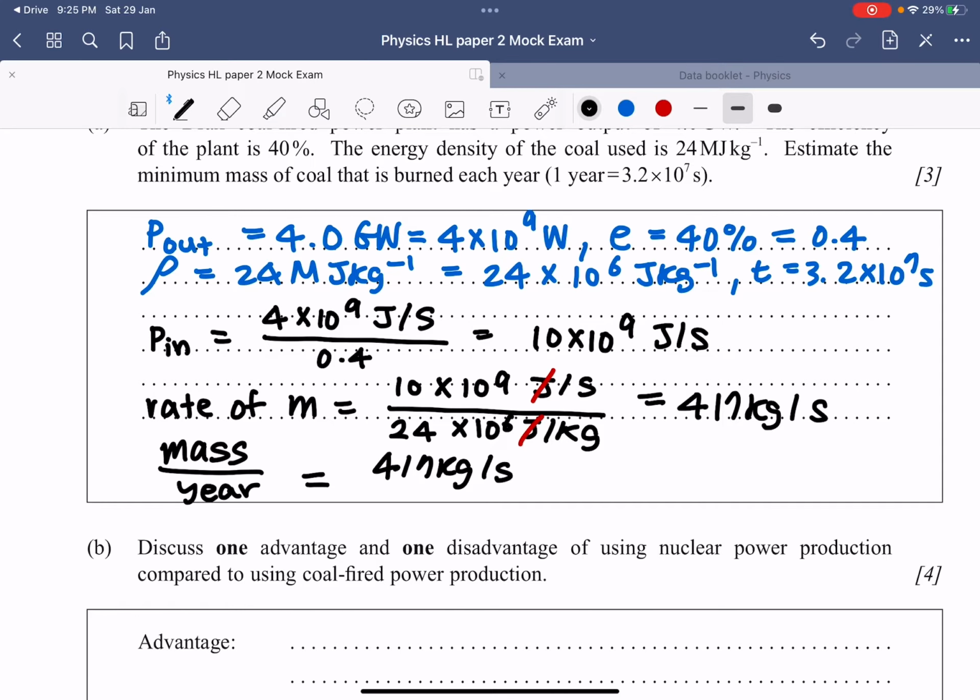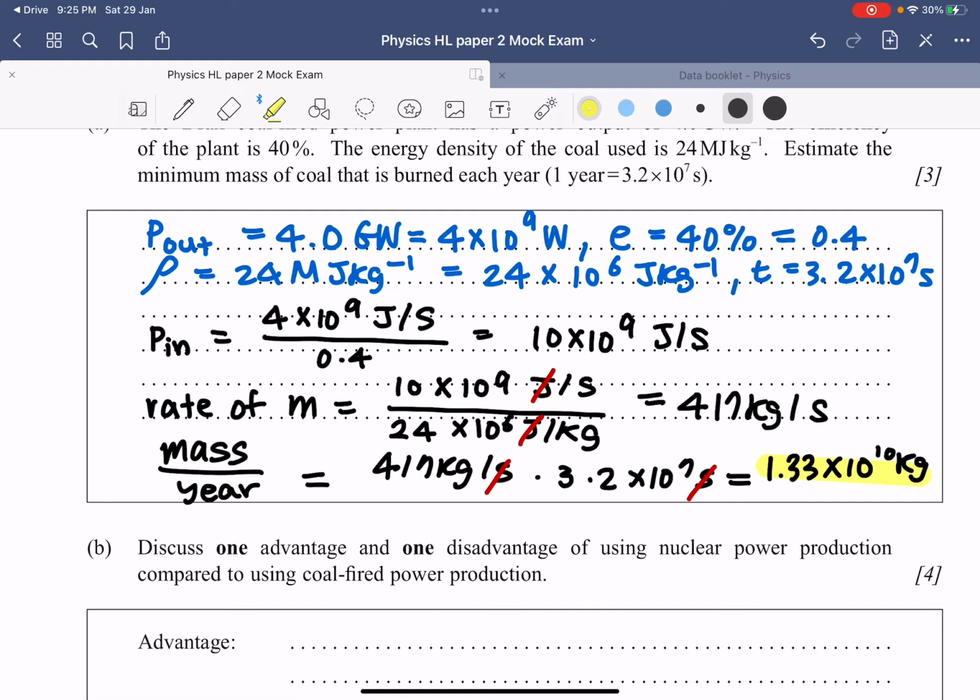To get rid of the second, because we want to know the mass, we just multiply it by the seconds given, the time given. This way, we can cancel the seconds out, and we are just going to have the kilogram. If you do this calculation in your calculator, you are going to get 1.33 times 10 to the 10 kg. And this is going to be our answer.